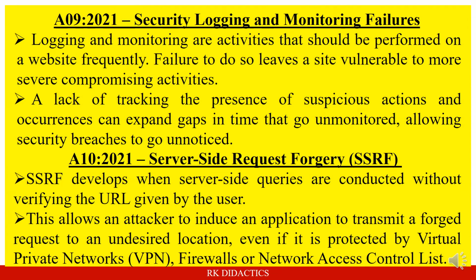So always the server side request should be properly verified by the URL. So when it is not properly verified, or without verifying the URL access is given, automatically the attackers get access to the application.